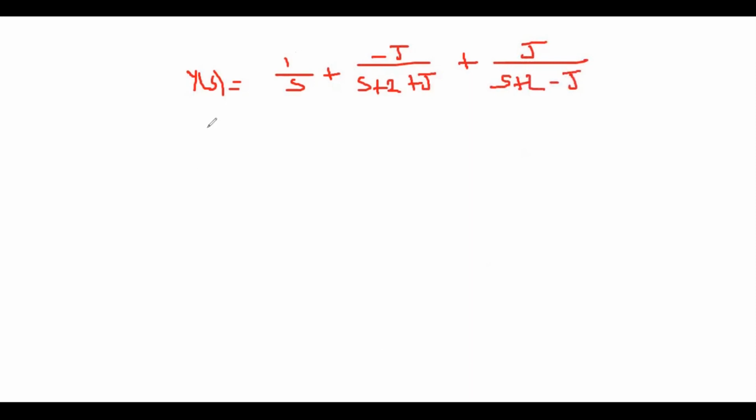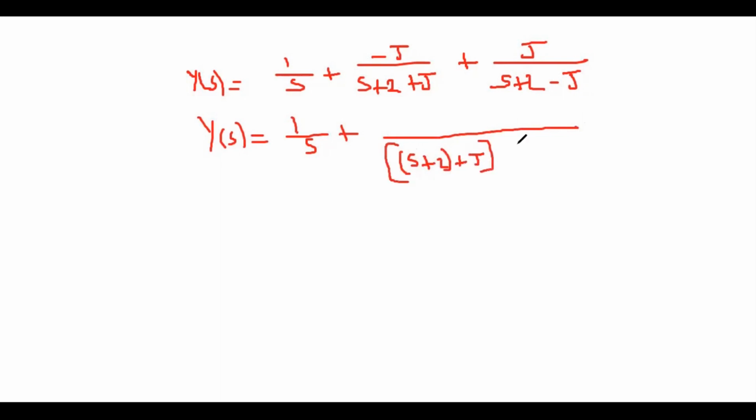Got it, my dear students? So Y of S is equal to 1 by S plus, and denominator I'm taking here S plus 2 plus J, whole multiplied with S plus 2 minus J. What do we get here?